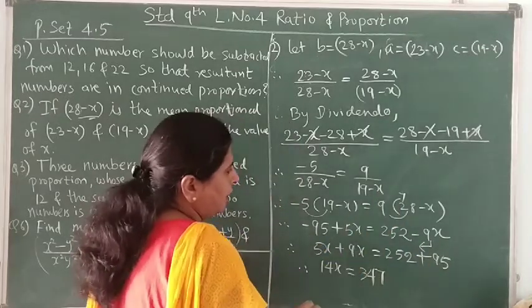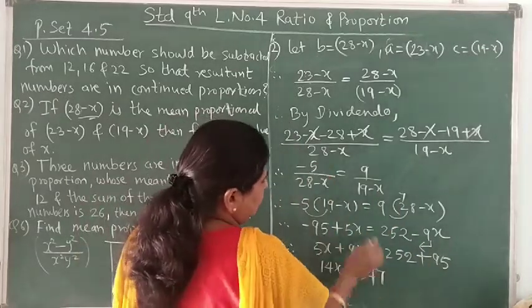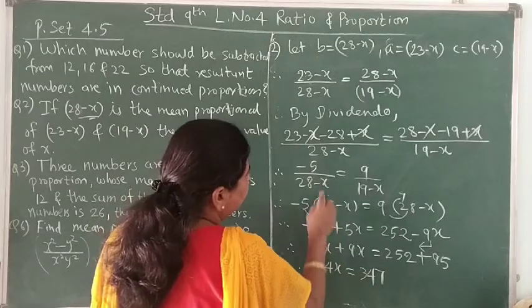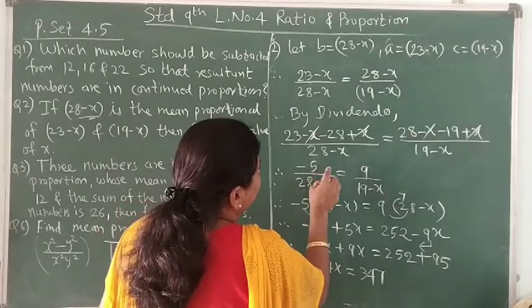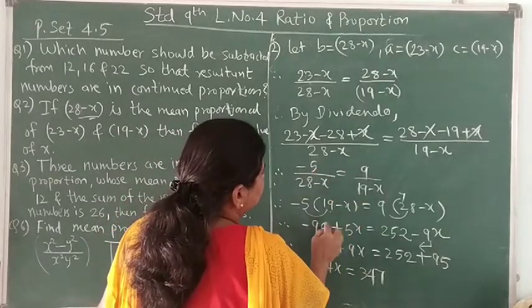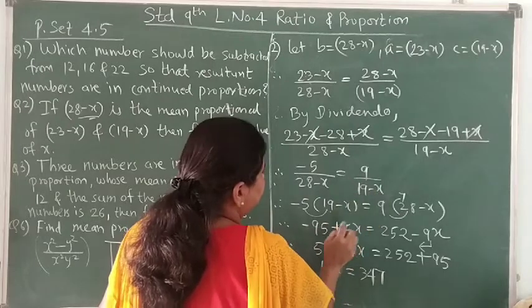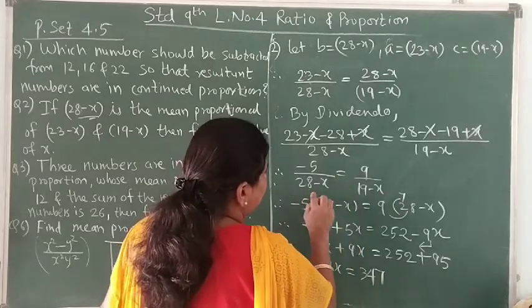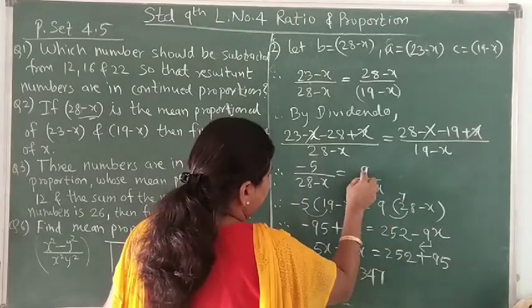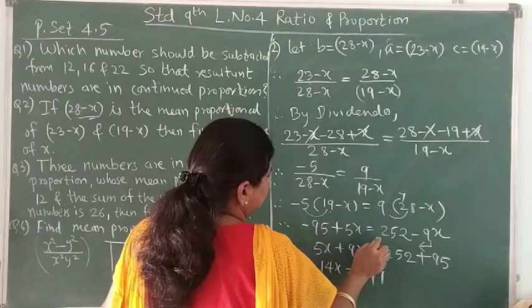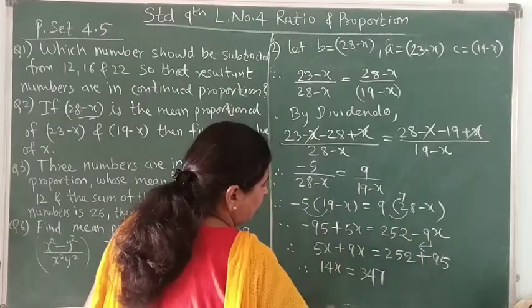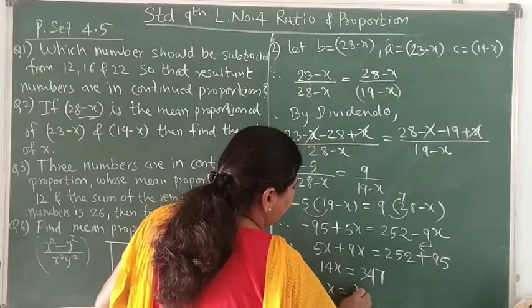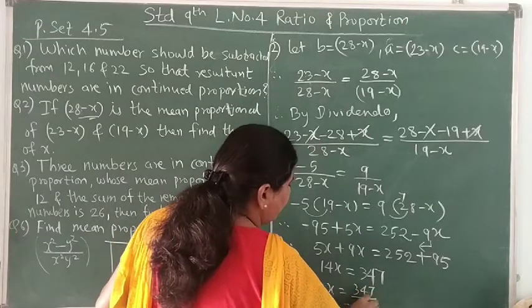So if you add this, let's check it once. This is not divisible by 14. You can just have a look once again. Minus 5x plus 5x, correct? 7. Correct. Okay. So yeah, x is going to be 347 upon 14.